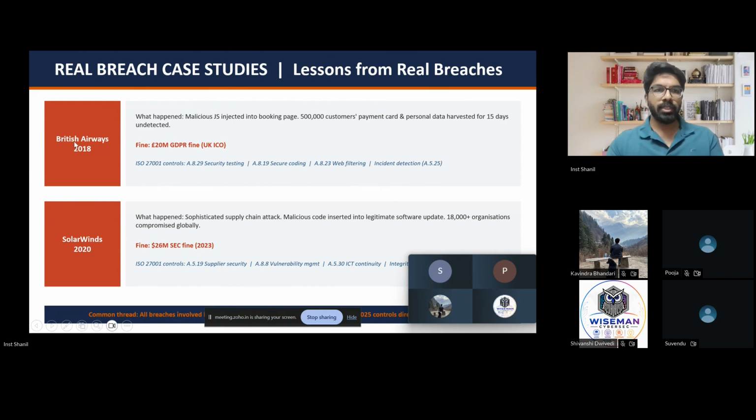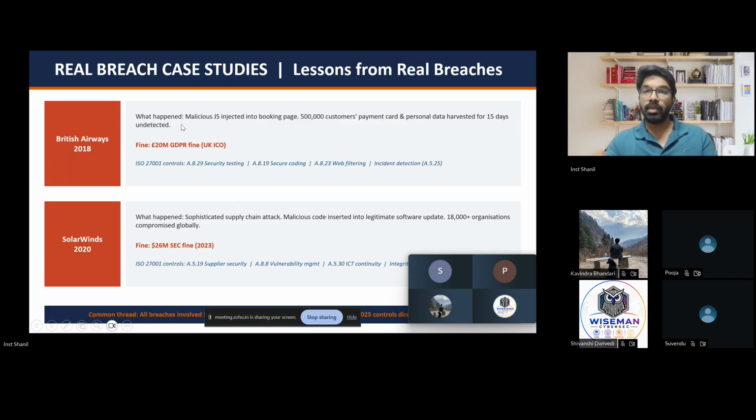What happened to British Airways in 2018? Malicious code was injected into their booking page. So the flight booking page was hacked, right? 5 lakh customers' payment card and personal data was harvested for 15 days undetected.